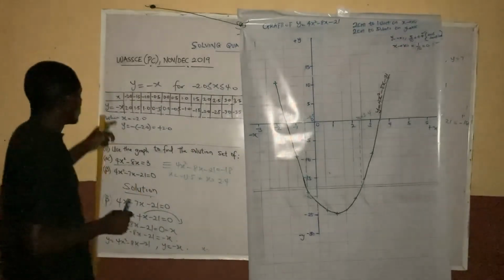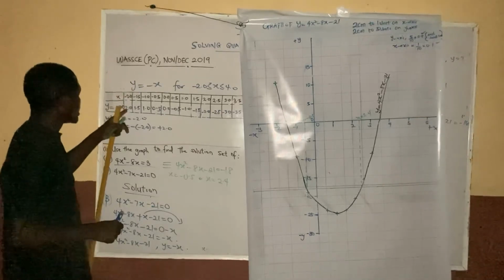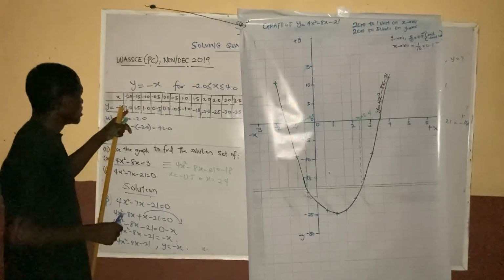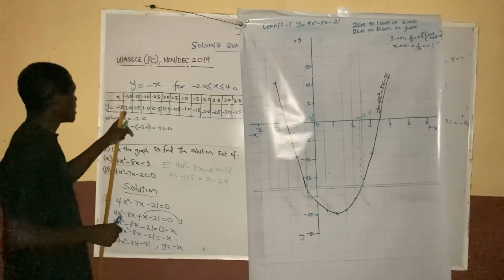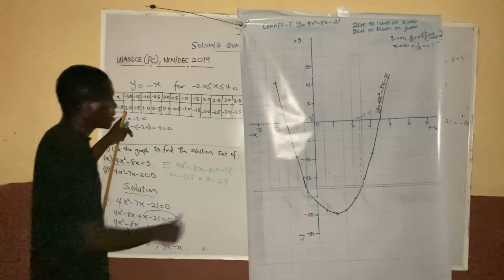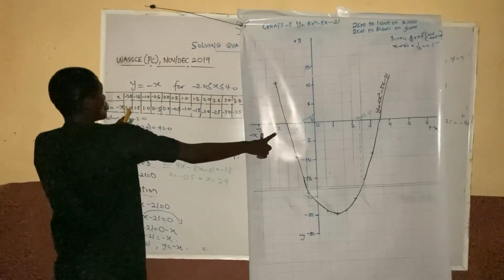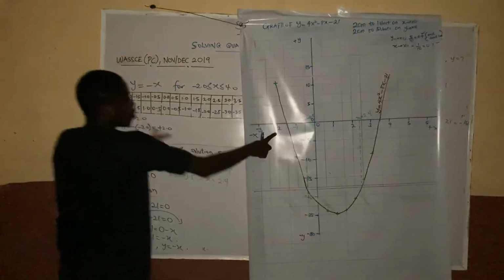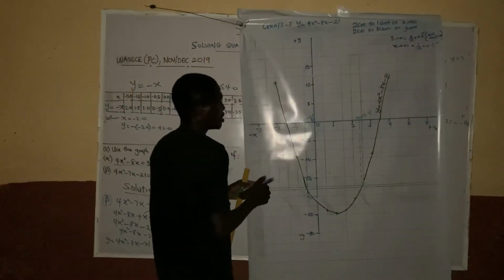So we are trying to locate minus 2.0 against 2.0. This is on the x axis, and this is on the y axis. So on this we have minus 2.0 on the x axis and 2.0 on the y axis. So we know that for y, each box is 0.5.